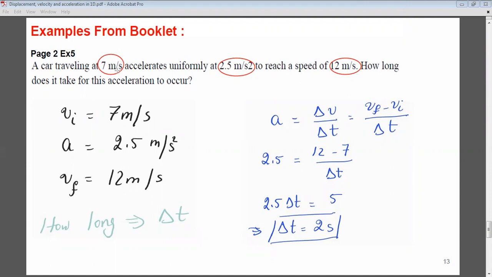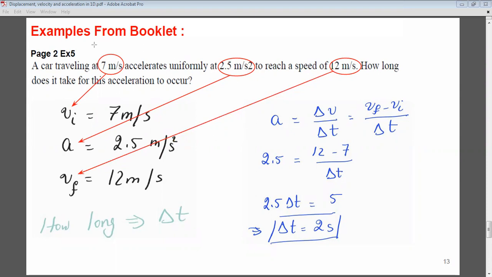So this is a speed quantity, and it started with it. So this is V initial. Now, 2.5 meters per second square, so the acceleration is 2.5 meters per second square. To reach a speed of 12 meters per second, so this is V final.